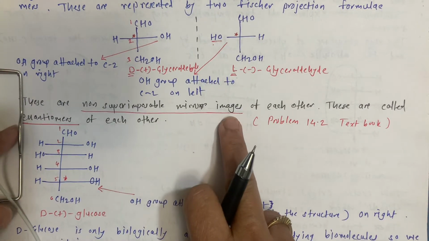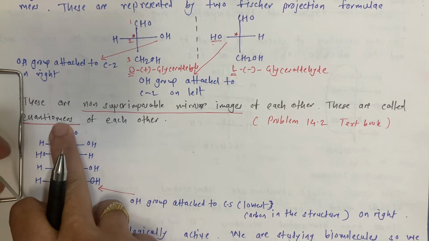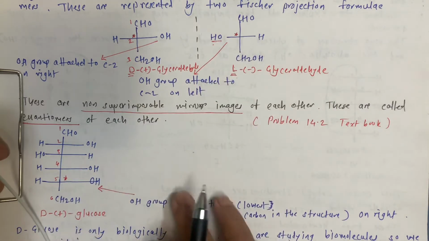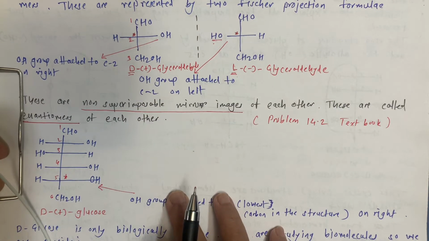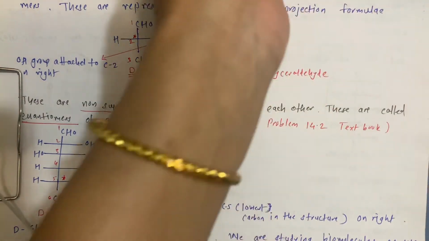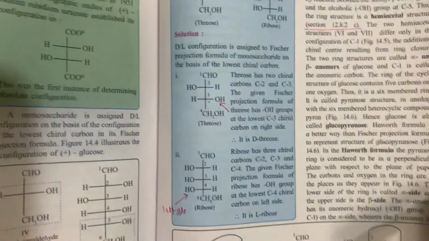These are non-superimposable mirror images, so they are enantiomers of each other. In our book, section 14.2 has more explanation about this.